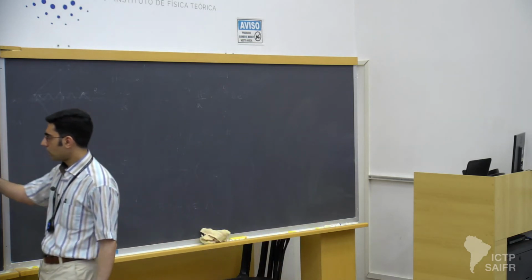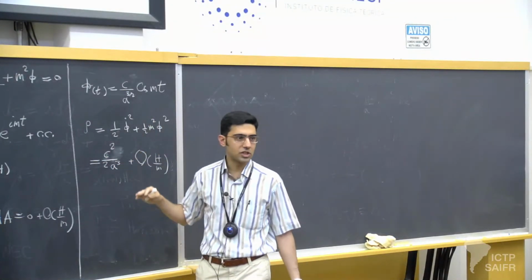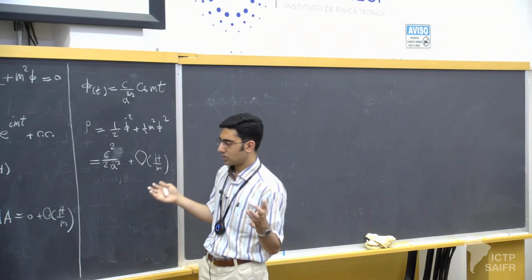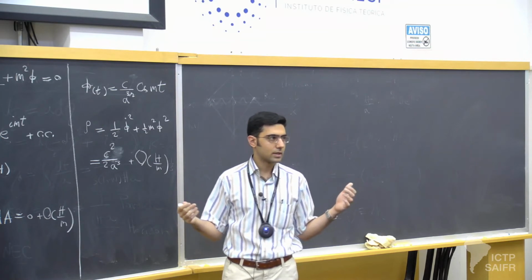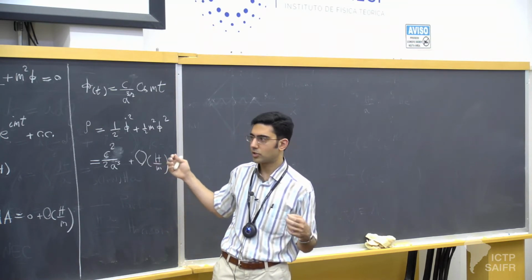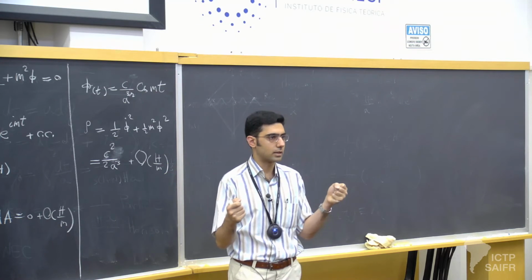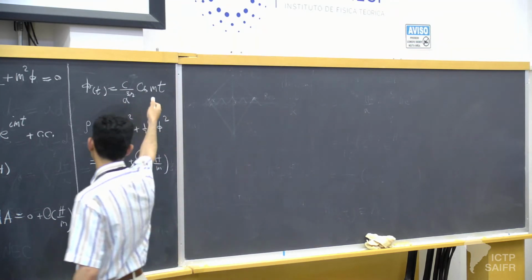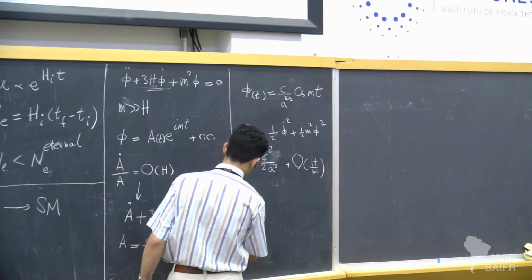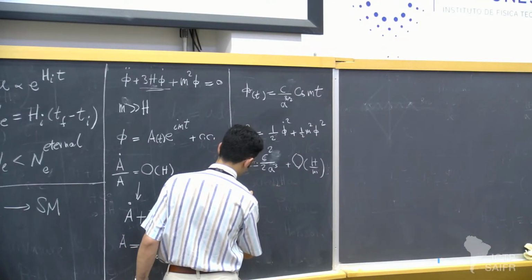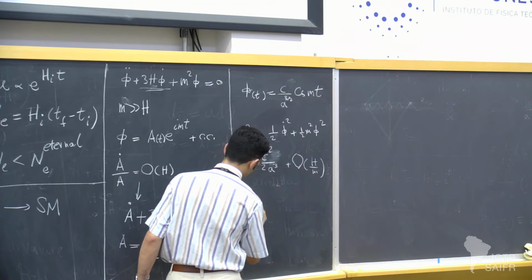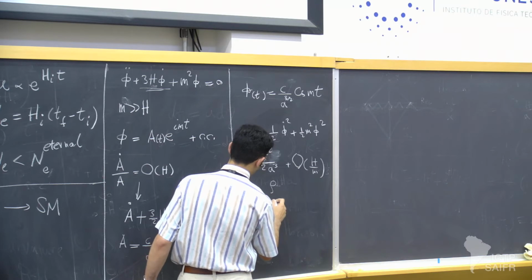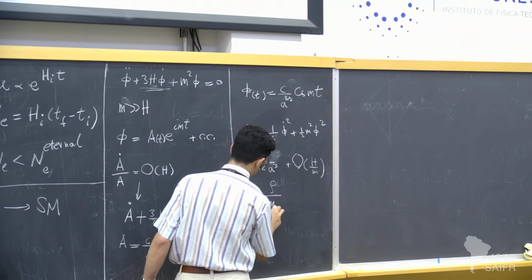So what this solution actually describes is just a matter-dominated universe, where matter here corresponds to these phi particles, inflaton particles. And this solution corresponds to having some number density of phi, which I can define by dividing rho by the mass of phi.